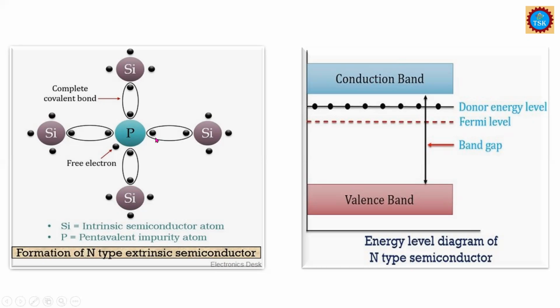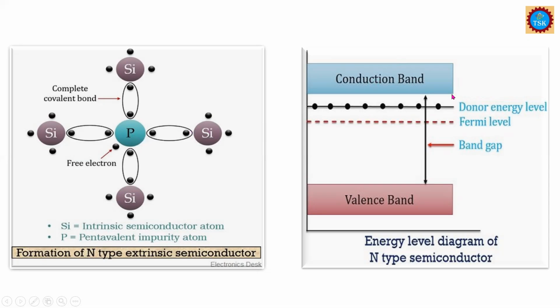So the pentavalent atom, like phosphorus, forms four covalent bonds with the neighboring atoms, and one electron is left without forming any bond. This electron is called a free electron. These free electrons are available in the donor energy level, which is the energy level nearest to the conduction band.